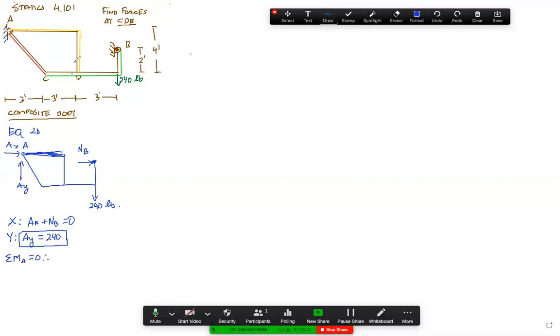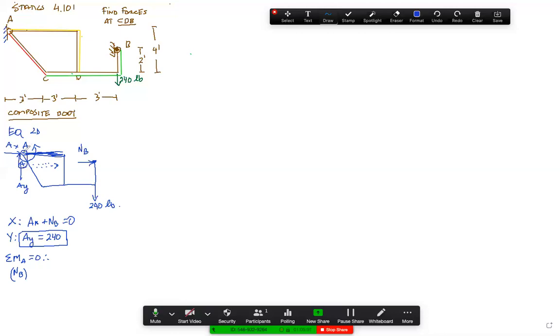What I have put over here are all the distances that you actually need. Let's go with the MB. NB doesn't pass through A, therefore it produces a moment. It will try to turn it around like this. Hopefully you see it, because here is the line of action. It's passing below, so this is my lever arm.